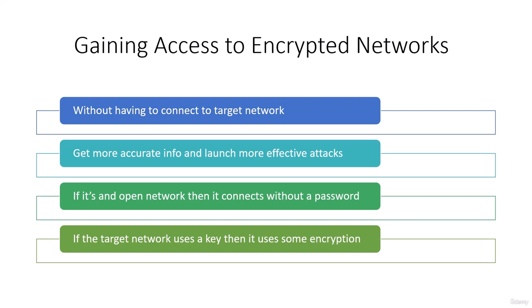So if you target a network that uses some sort of encryption, you cannot really do anything more unless you find the key, so that you can decrypt the data and connect to the network. So we're going to talk about how to crack WEP, WPA and WPA2 encryption.